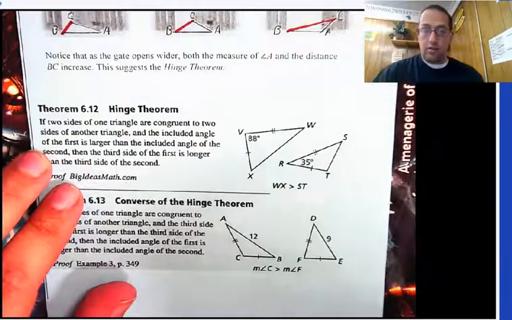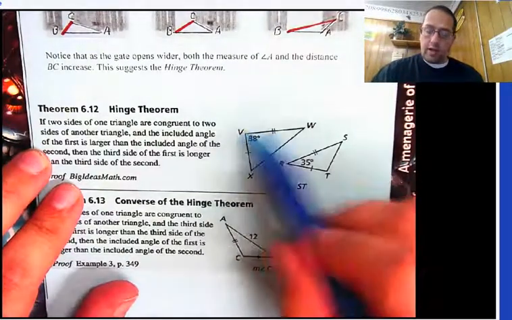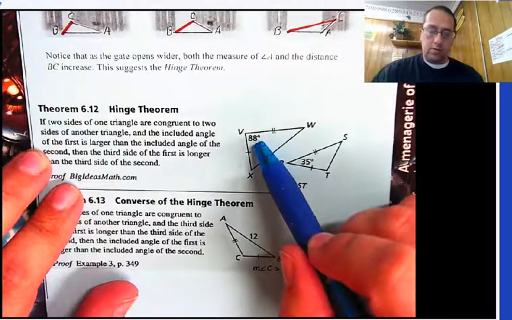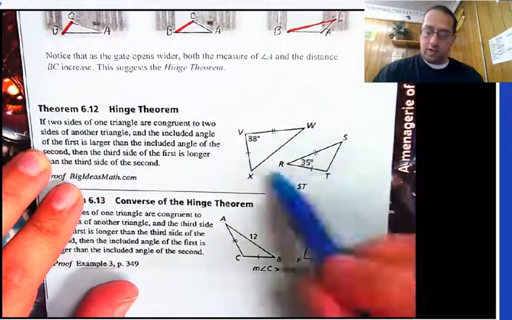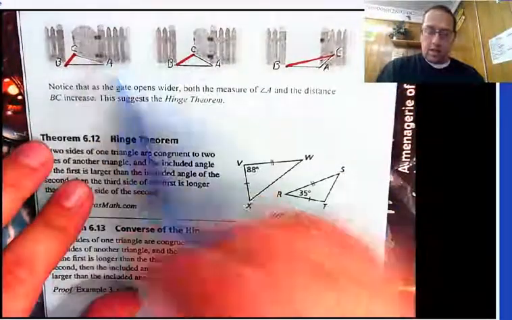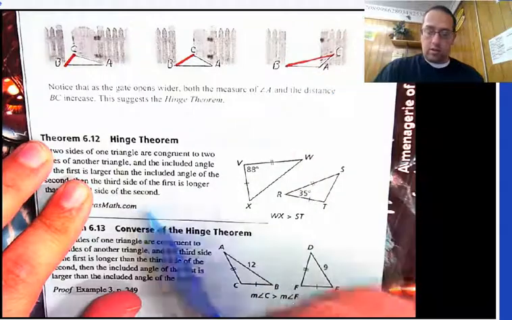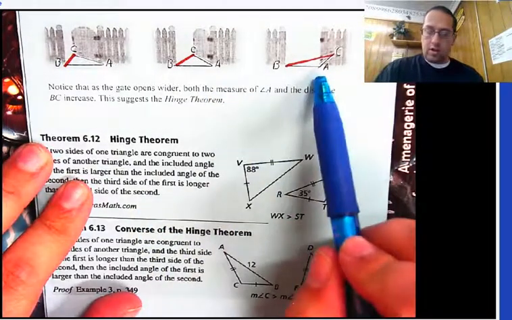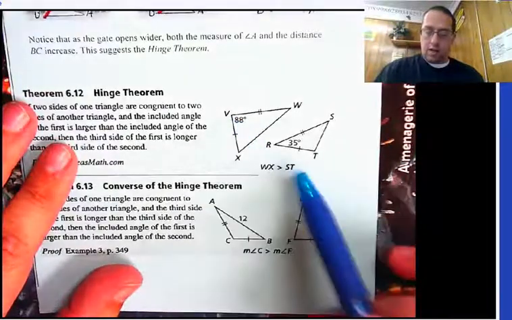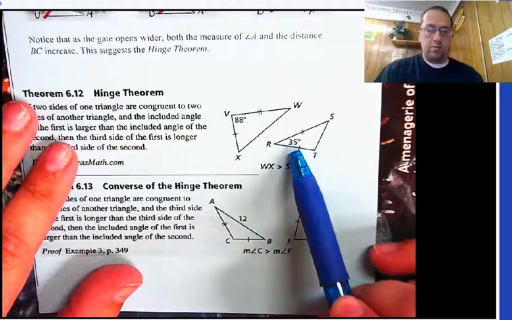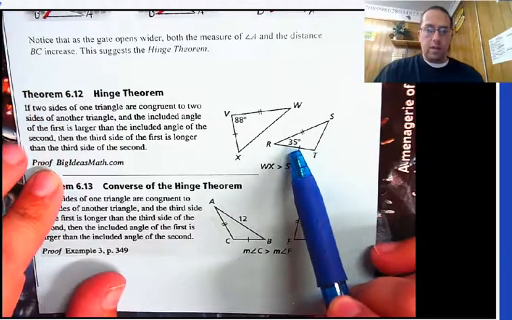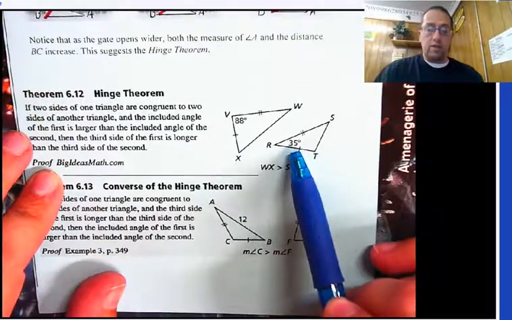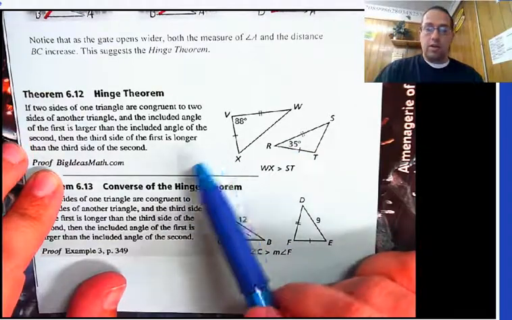The included angle, if you remember, is the angle that is formed by those two sides. So that's angle V here, angle R there. In our gate situation, that's angle A. So it's saying if this included angle, angle V, is larger than angle R, then the third side of the first is longer than the third side of the second.